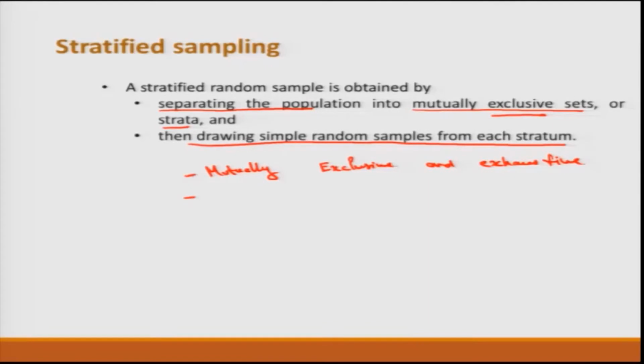The second characteristic is that it often improves the representativeness of the sample by reducing sampling error, by improving representation. Also, because the strata sizes could be different, it produces a weighted mean that has less variability than the arithmetic mean.